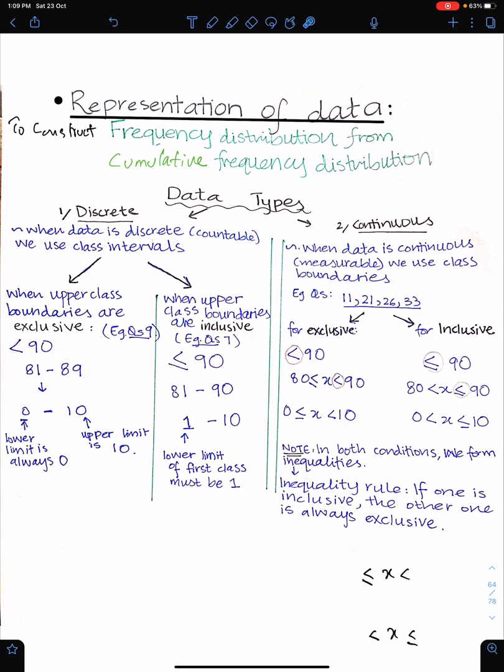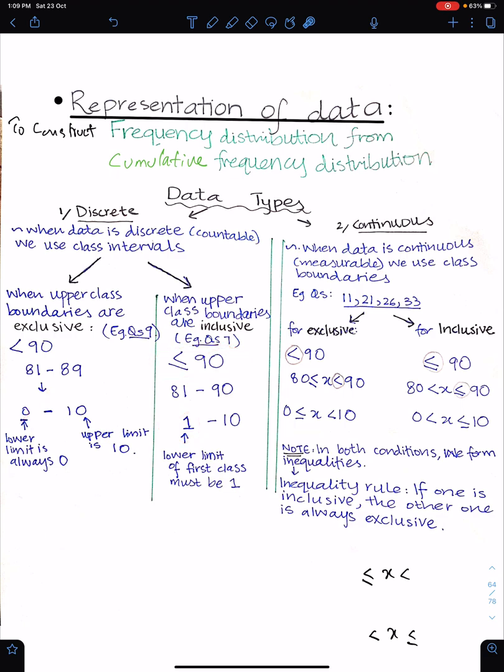You have to learn this by heart. But if upper class boundaries are inclusive, then the lower limit of the first class must be 1. You have to learn these two by heart.